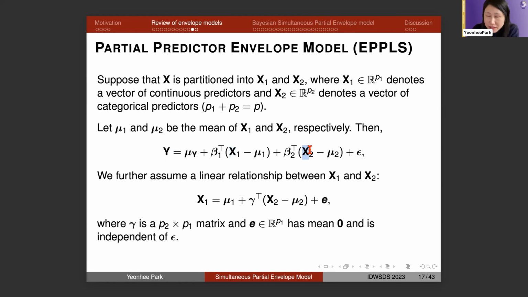This is commonly seen in mediation or causal inference. So regressing X1 on X2, we have an error term E, and this error E is assumed to be independent of the error in regressing Y on X.